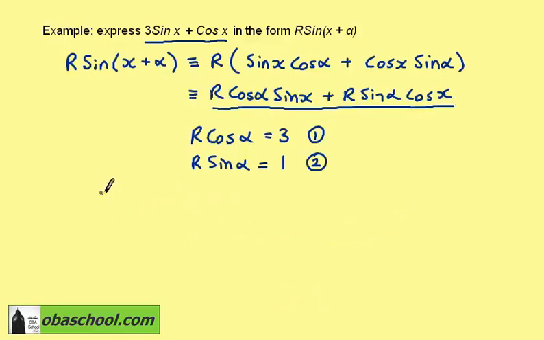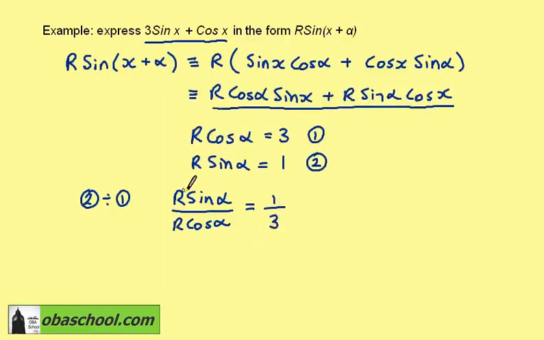We can find alpha now by doing equation 2 divided by equation 1. For the left-hand sides we get r sin alpha divided by r cos alpha. And on the right-hand side we get 1 divided by 3. The r's will cancel, and sin alpha over cos alpha is tan alpha.